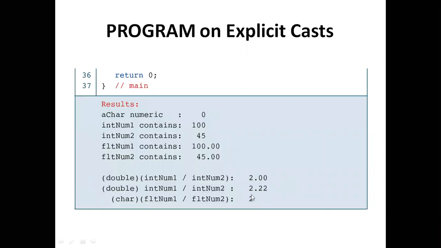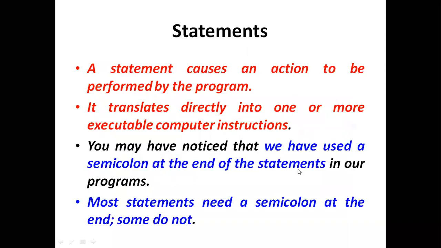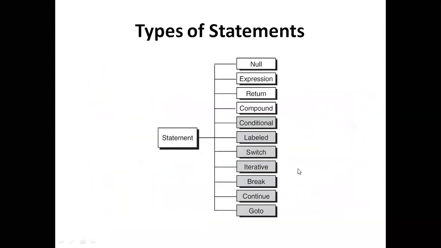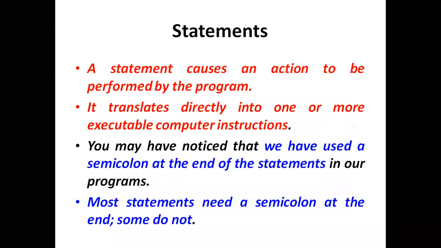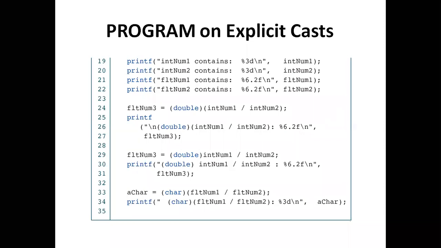And the character value: here we are converting it into a character value. It is displaying it as 2. Why is it displaying 2 here? Because we have indicated the format specifier as percentage 3D.